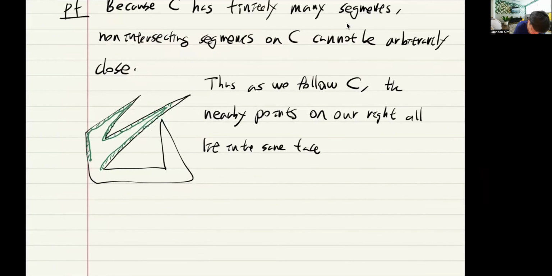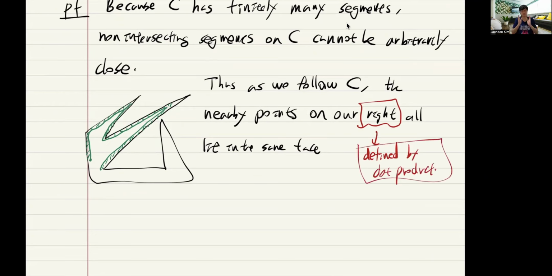And here, it's right, I mean, you can make it defined by dot product. You can give some orientation. Assuming you are following this curve in this way, the clockwise direction or counterclockwise, you choose one of them.